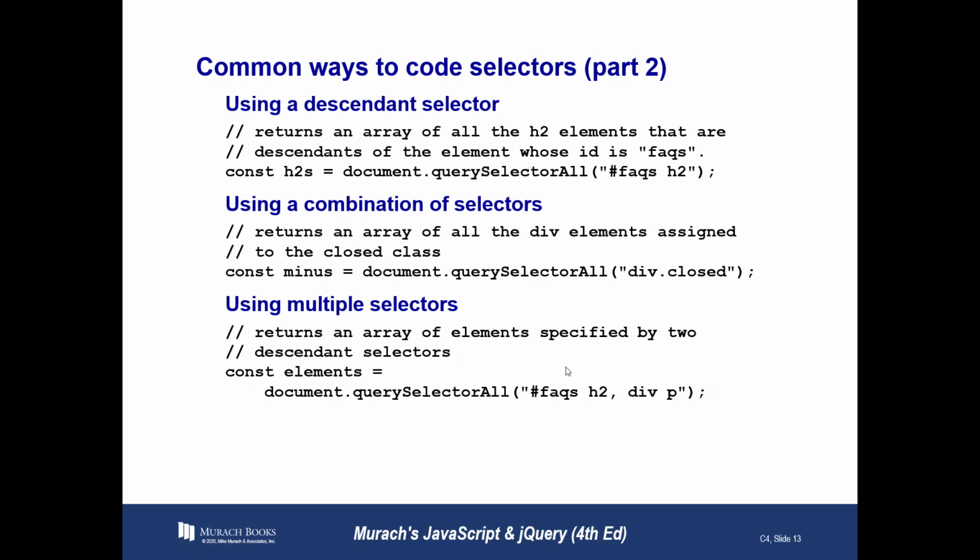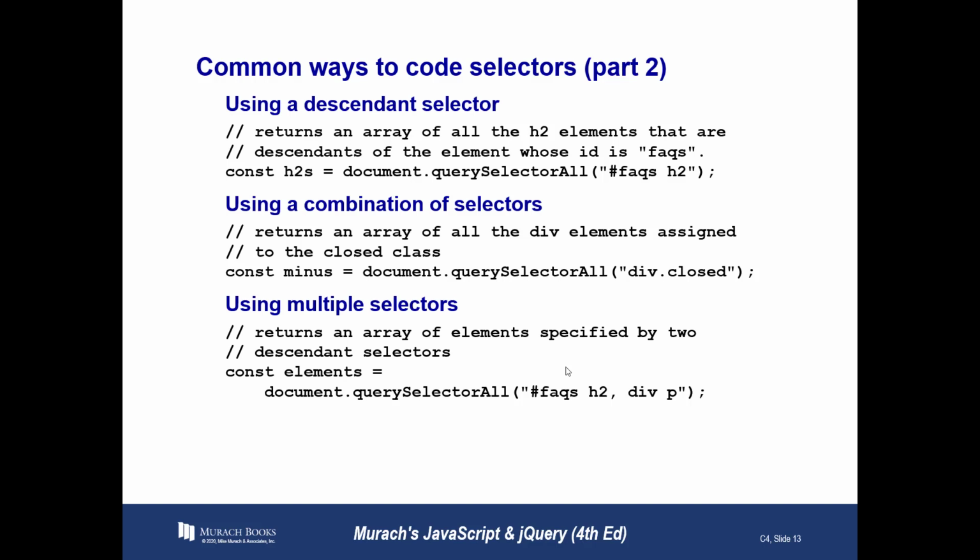And you can use other things. So take a look at the first example there. It says return an array of all H2 elements that are inside of something with an ID of FAQs, F-A-Q-S.